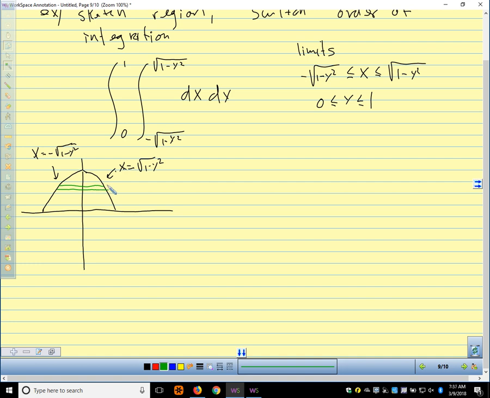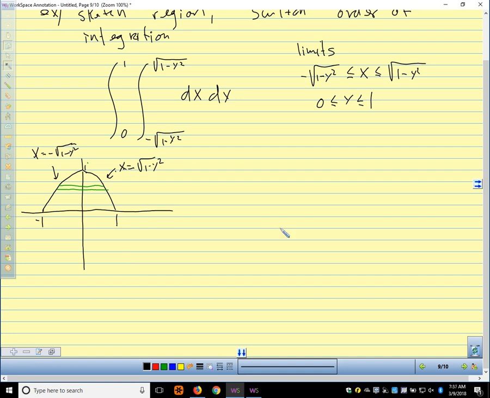X is going from the negative part of the curve to the positive part of the curve, and y is going from 0 to 1. Those points of intersection would be negative 1 to 1.